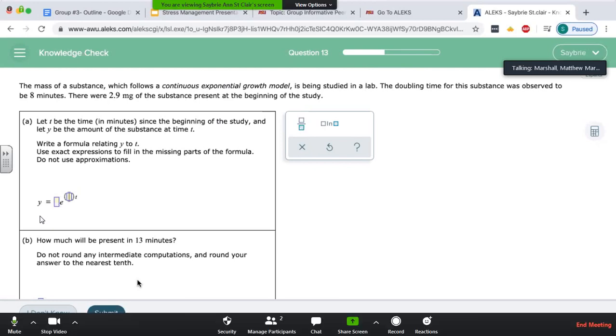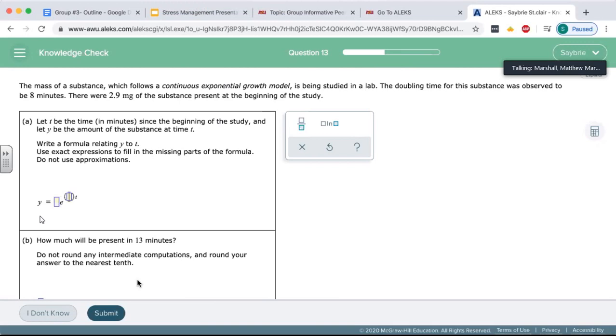Trying to find it. I know I have it. Here it is.